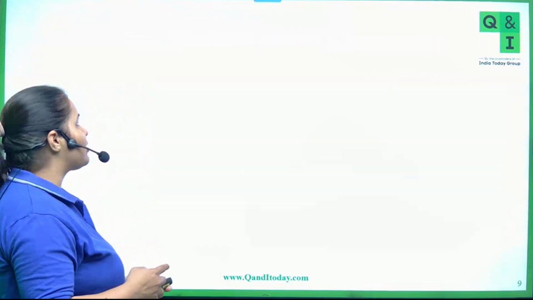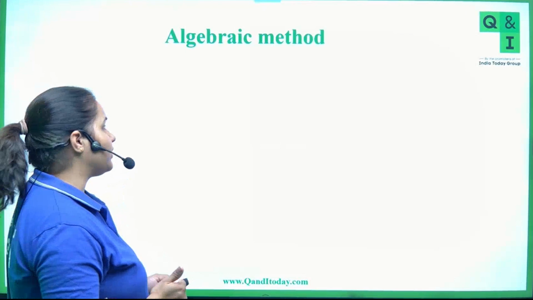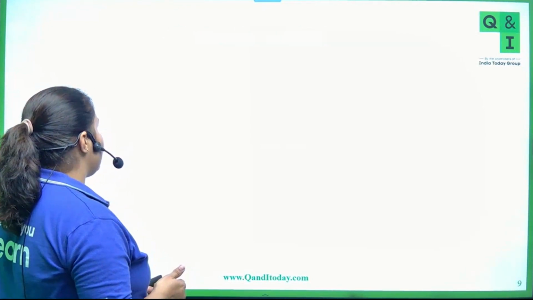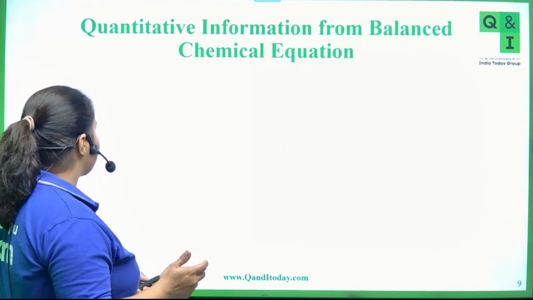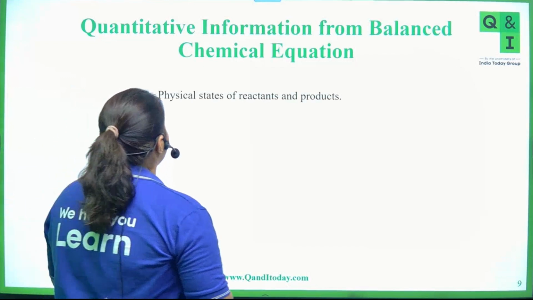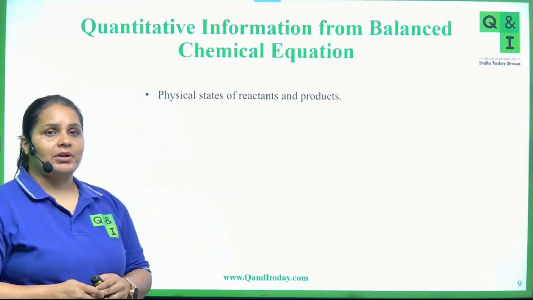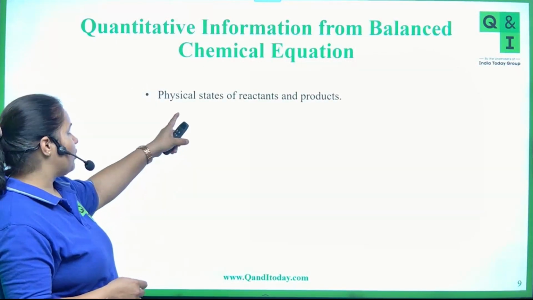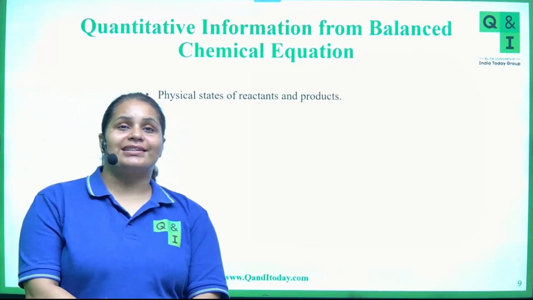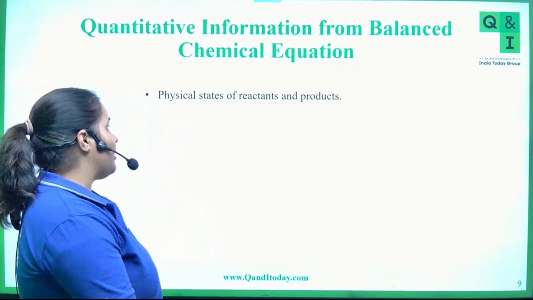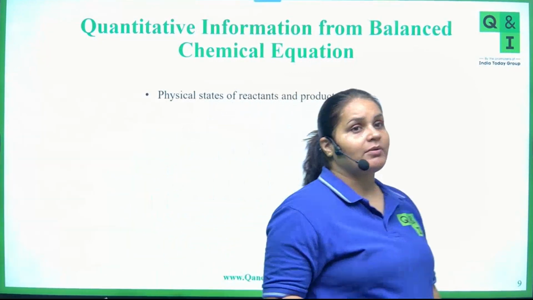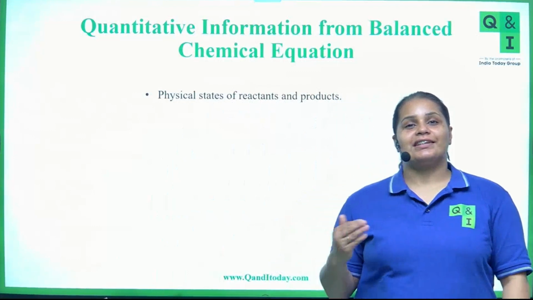We also did the algebraic method, which I told you about. Here are a few examples for you, but before that, quantitative information from a balanced chemical equation. First, we come to know the physical states of reactants and products, because in a balanced chemical equation we actually mention the states.